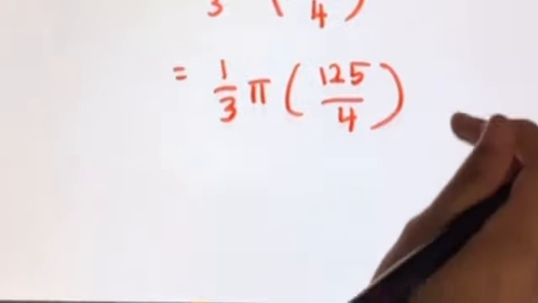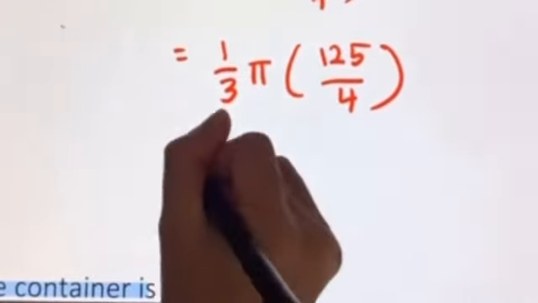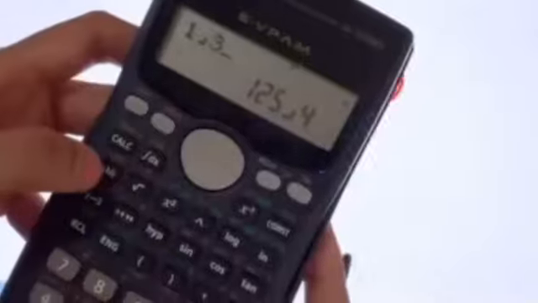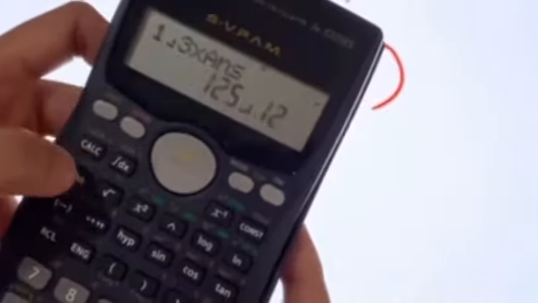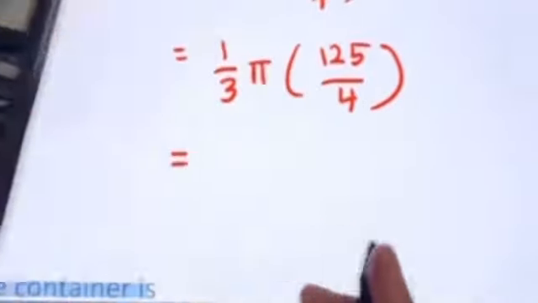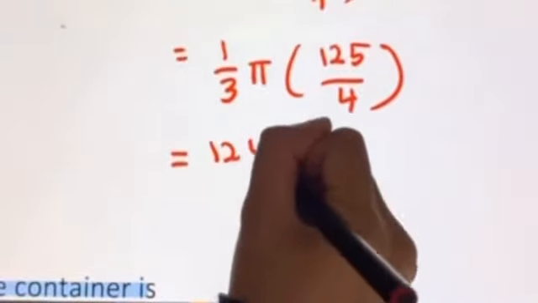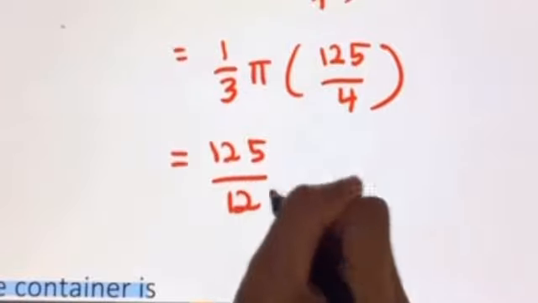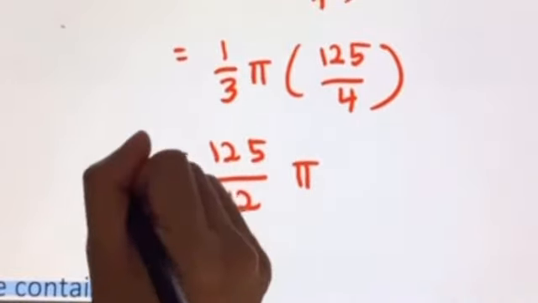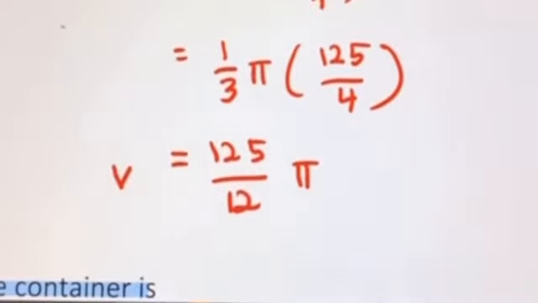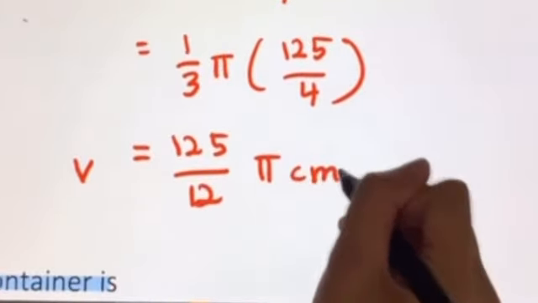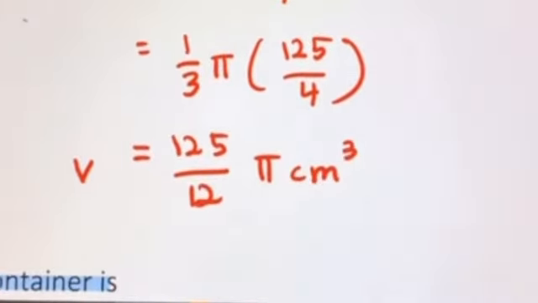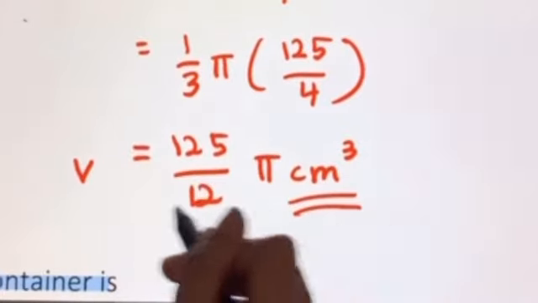This is also not the final answer. 1 over 3 times the answer, we will get 125 over 12 pi. So this is the value. This is the volume. Don't forget to put the units cm cubed as it is a volume.